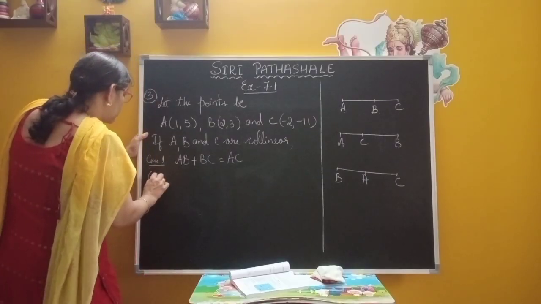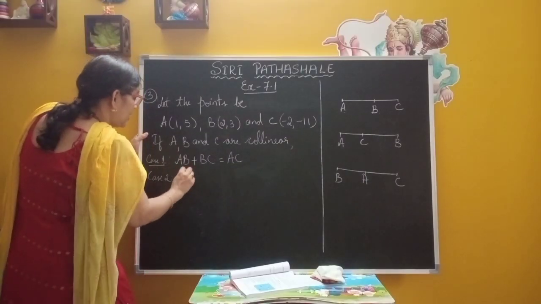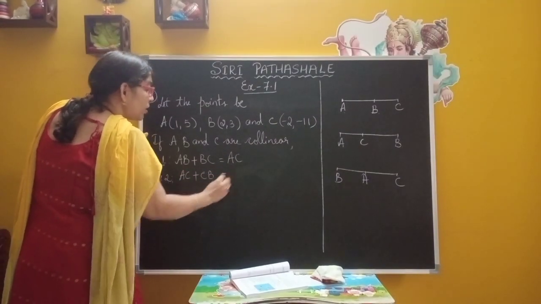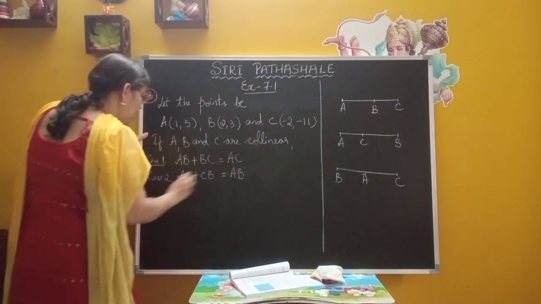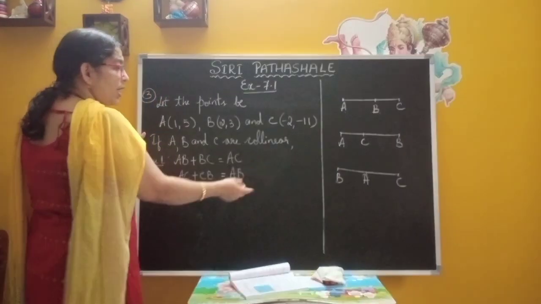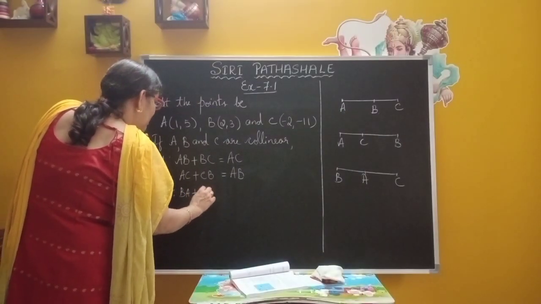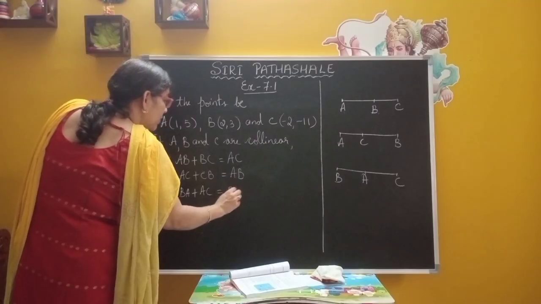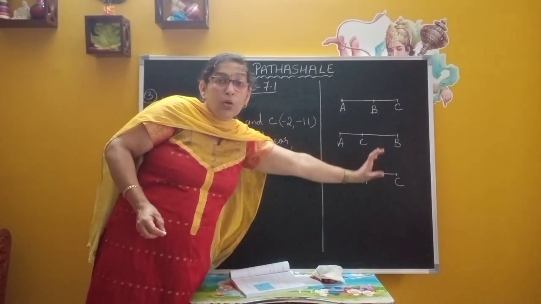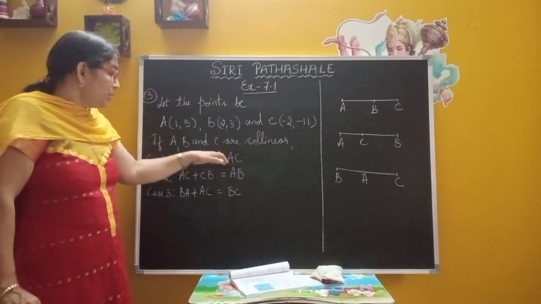Or case 2: AC plus CB, that is BC, should be equal to AB. And case 3: BA plus AC is equal to BC. However you arrange them, if they are collinear, we should get this result. So let us find now one by one.